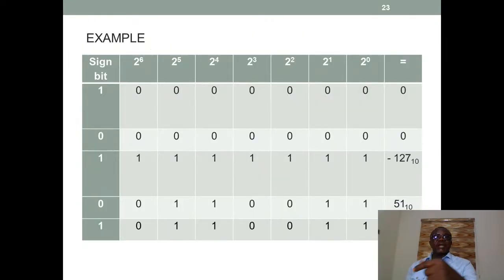Let us look at this table. You see the maximum number here for the sign and magnitude is 2 raised to power 7 minus 1, even though we have 8 bits.